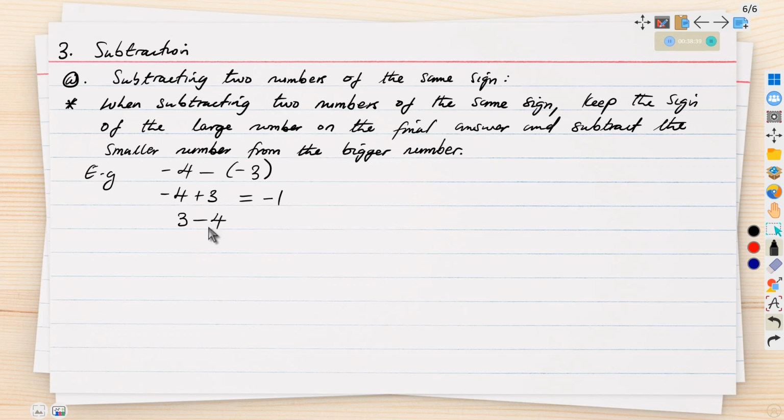It can come even in this way. If it comes in this way, you are subtracting a smaller number.